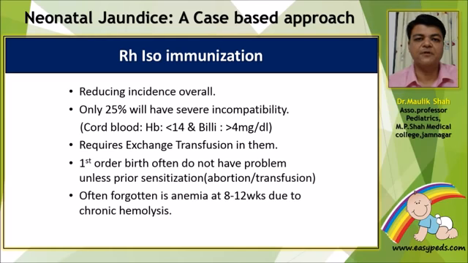Hence, the baby who is Rh positive will also get the Rh isoimmunization and later on Rh incompatibility. Often the thing we forget in this Rh isoimmunization status is the anemia which occurs due to chronic hemolysis in these babies at 8 to 12 weeks of life.